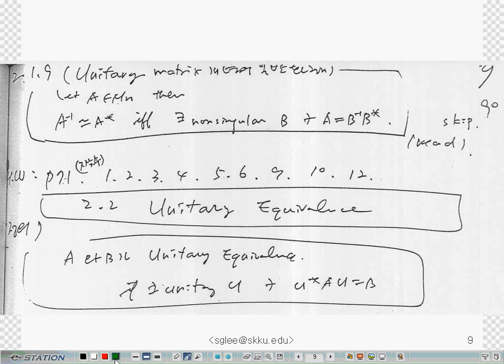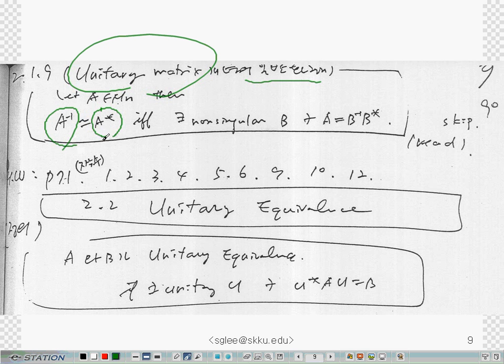Okay, next. This is just a generalization of the concept. Suppose A inverse is similar to A star, then there exists a non-singular matrix B such that A is equal to B inverse B star.